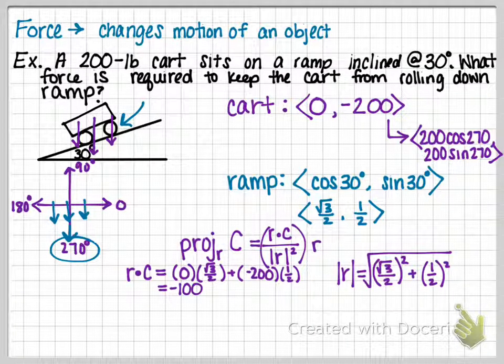But also we should know that's the same sort of triangle that's made on the unit circle, and the hypotenuse of each and every triangle on that unit circle is going to be 1. So the magnitude of my ramp vector is going to be 1. So let's go ahead and plug that all into our formula.